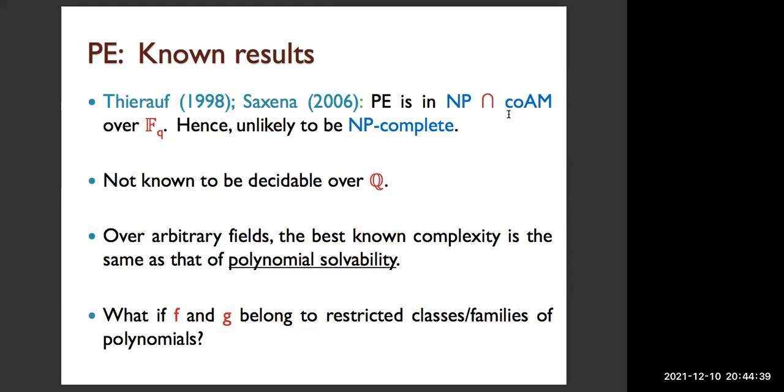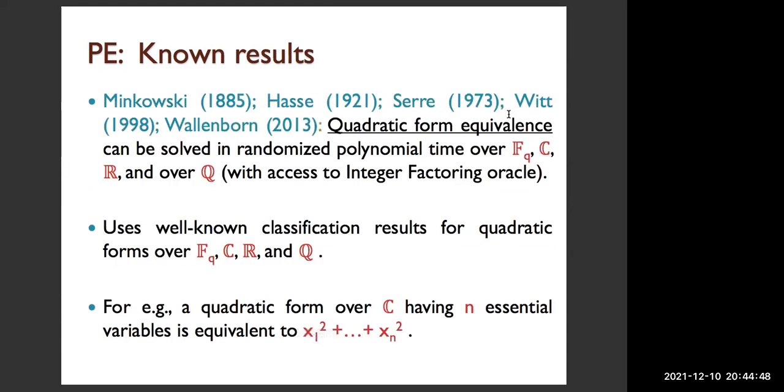So let's ask whether we can solve this problem efficiently for restricted classes or families of polynomials. One such very natural and restricted class is quadratic forms, where both f and g are degree 2 homogeneous polynomials.